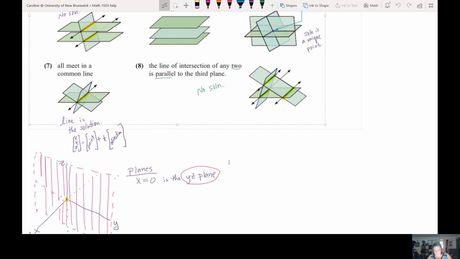Okay, so this is called the ZY plane. So there is nothing here sticking out, and in behind there is nothing along that. And so that's what that would look like. And then if we had y equals 0, this is the XZ plane.